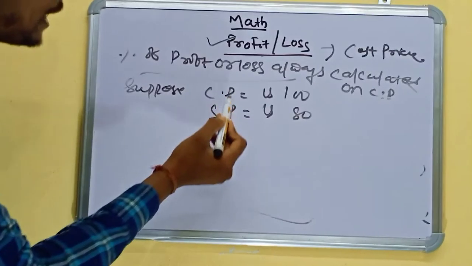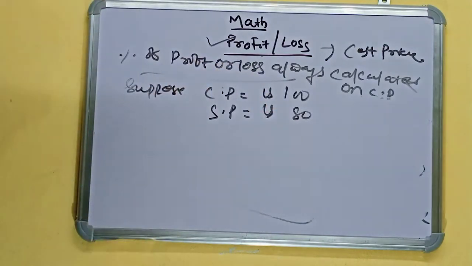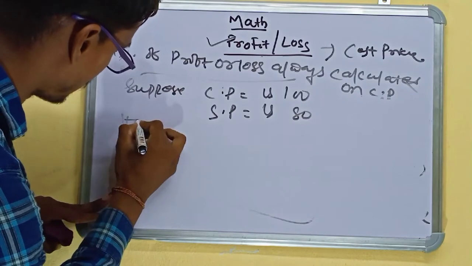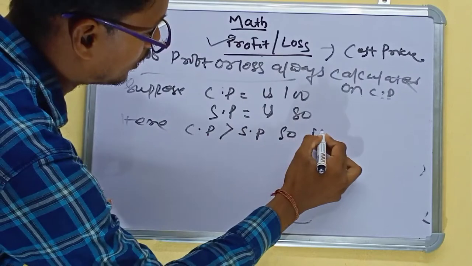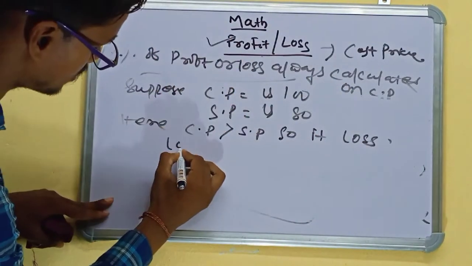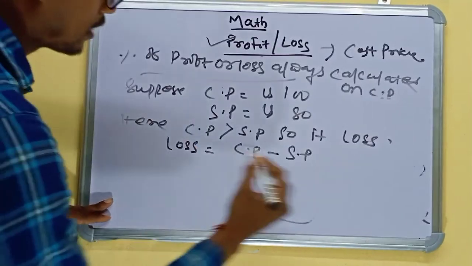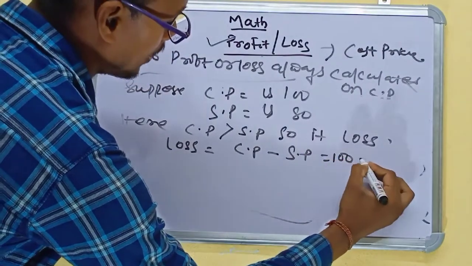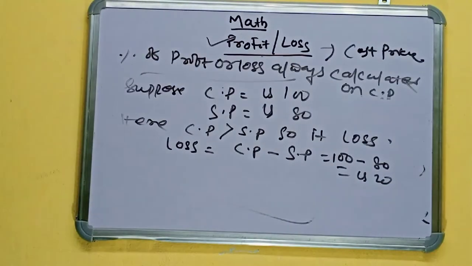Here CP is more than SP, so it is the case of loss. Loss is equal to CP minus SP, 100 minus 80 is equal to rupees 20. Rupees 20 is the loss amount.